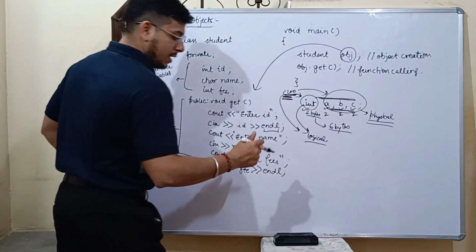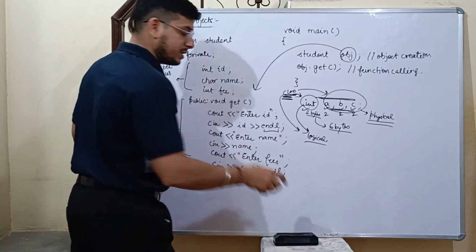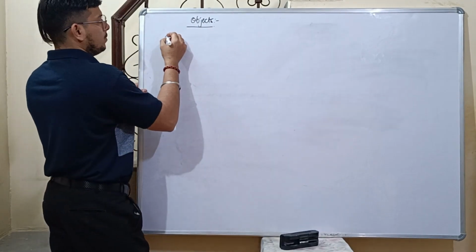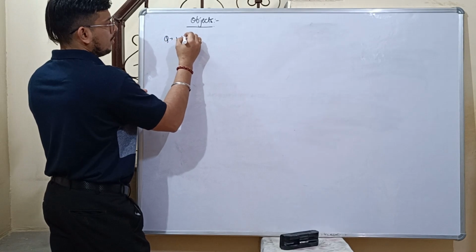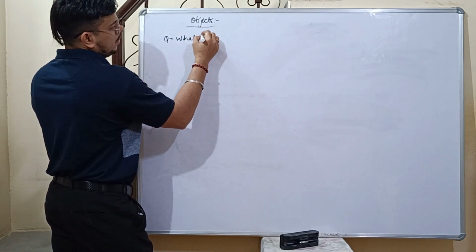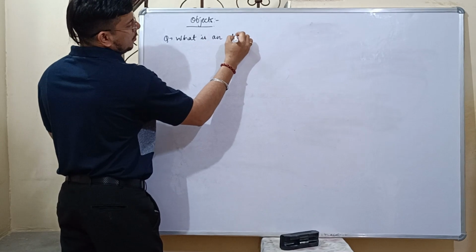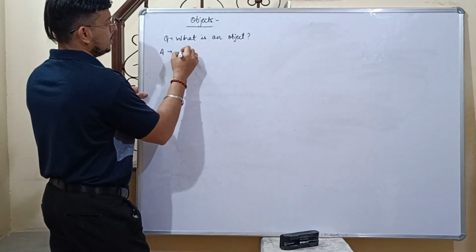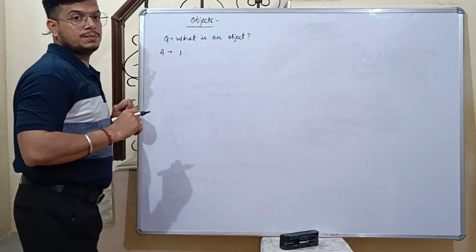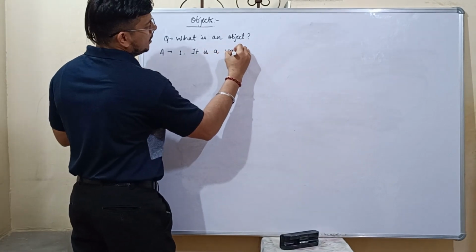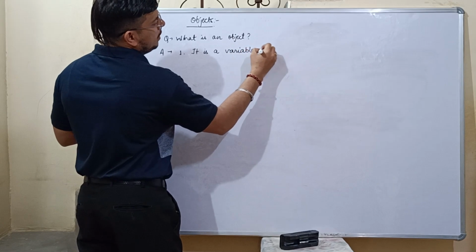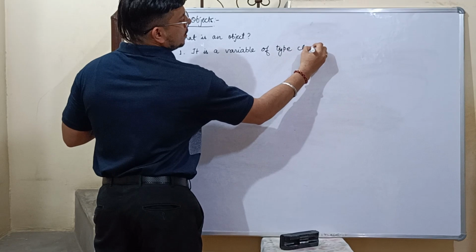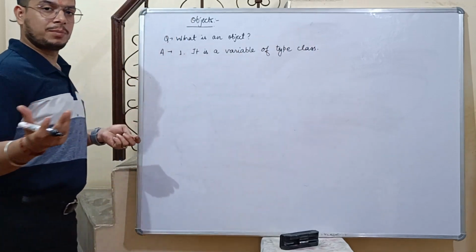Okay? So now, what is an object? We are going to write it. Answer number 1: it is a variable of type class.